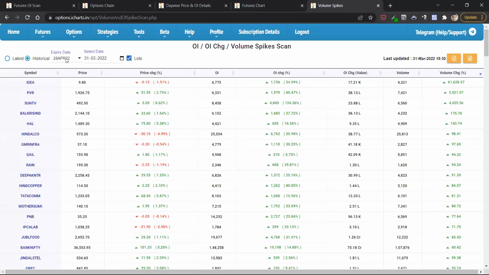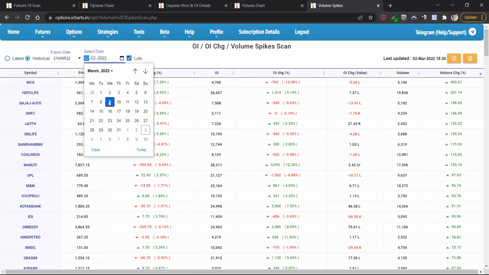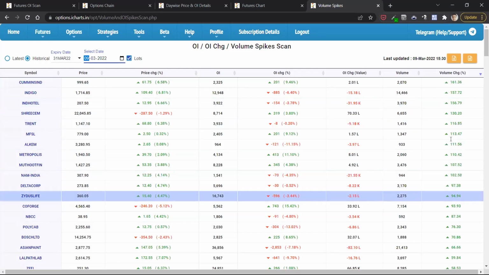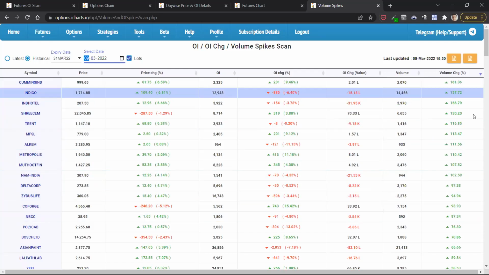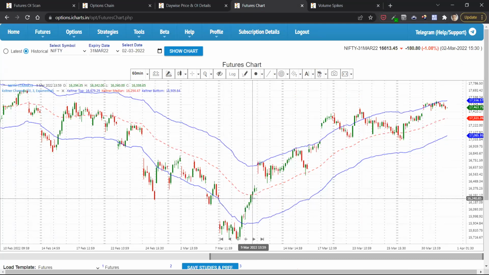Let's see what happened on 9th March. So this is what you have to use. You have to see significant numbers here this way, and most of these have to be bullish because the market is really strong. It was really strong on 9th.